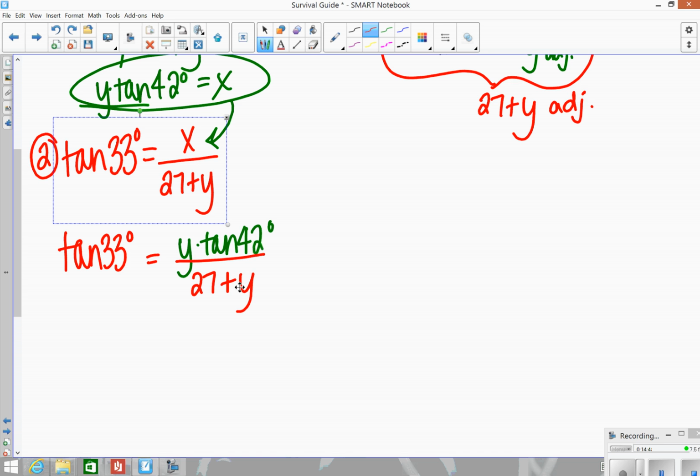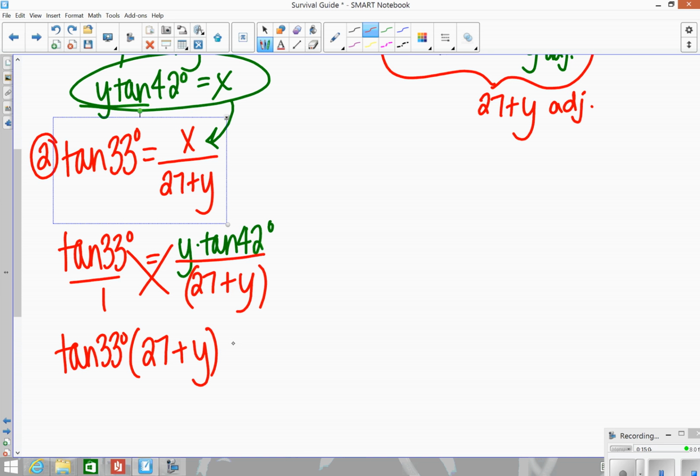Now that it's only in terms of y, so that the only variable is y, I can solve it for y. So I'm going to go ahead and cross multiply. This needs to go in parentheses, so it's going to end up being tan of 33 times (27 plus y) equals y times tan of 42.